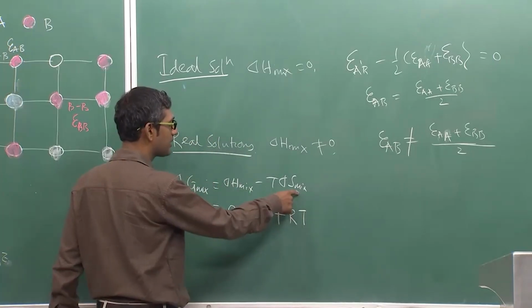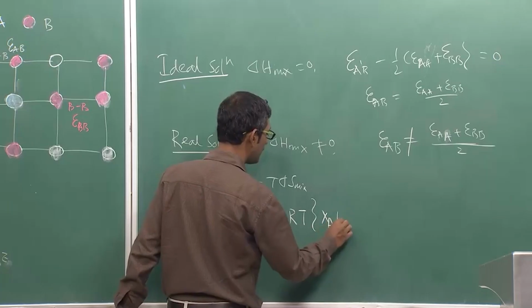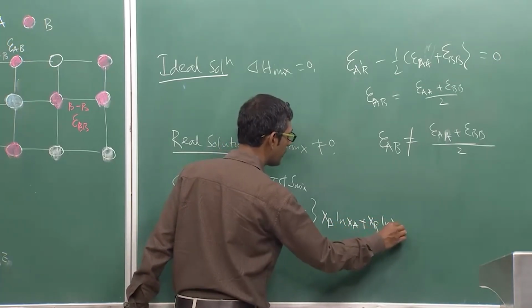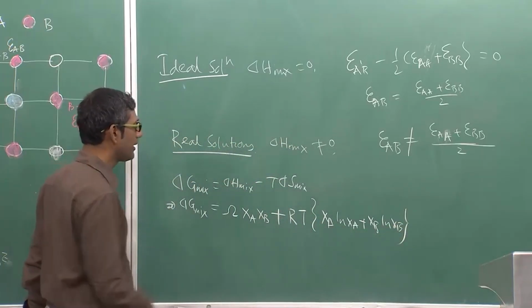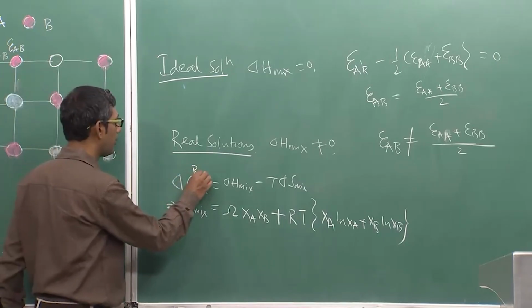Remember delta S mix is nothing but minus R (XA ln XA plus XB ln XB). So therefore if I multiply it with minus T, that becomes plus T. So this is what is actually the real expression of delta G mix for regular solution.